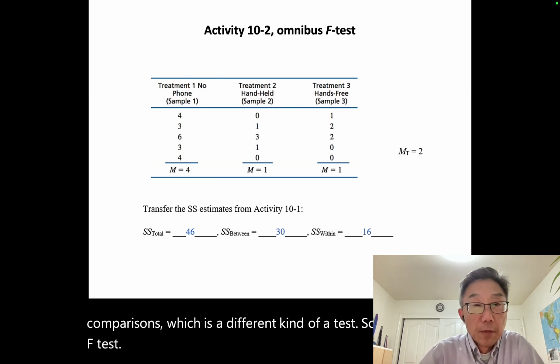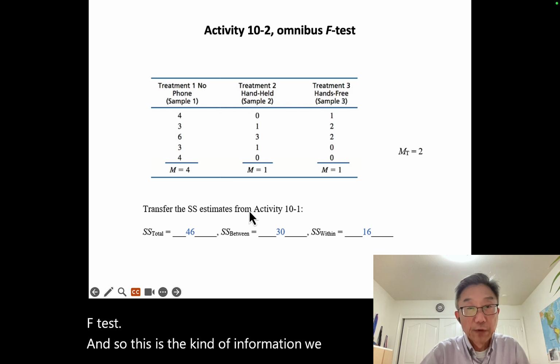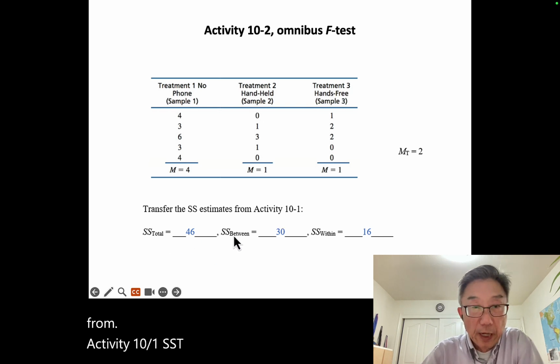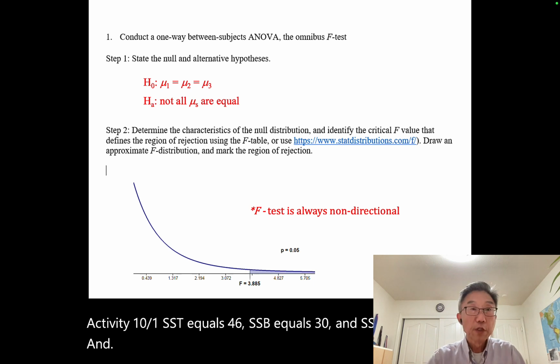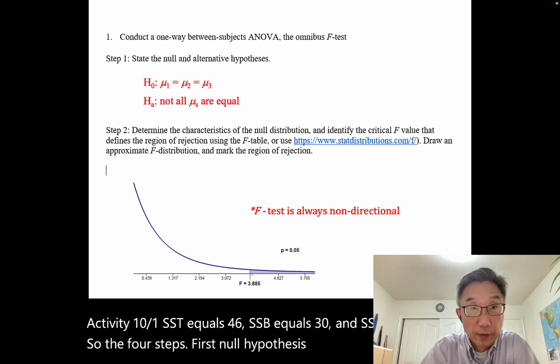This is the kind of information we obtained from activity 10-1: SST equals 46, SSB equals 30, and SSW equals 16. And so the 4 steps: first, the null hypothesis and the alternative hypothesis.